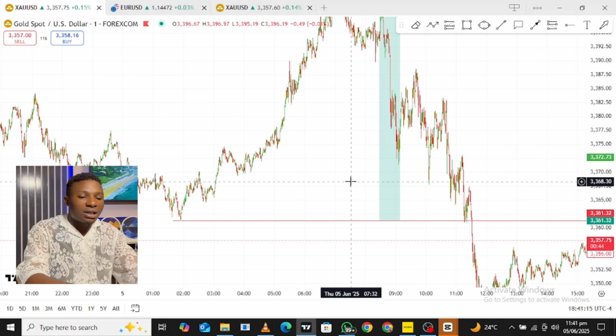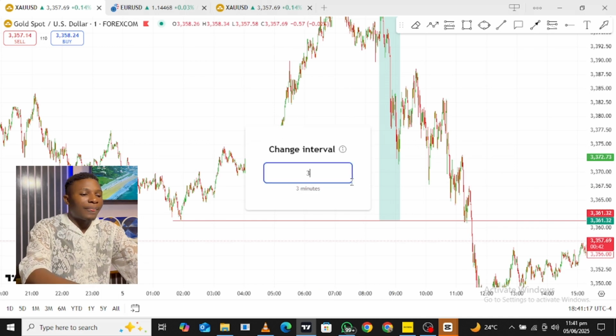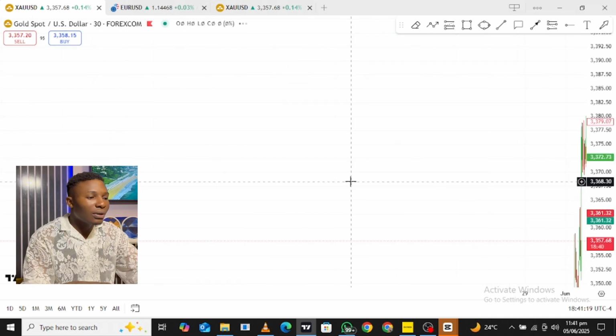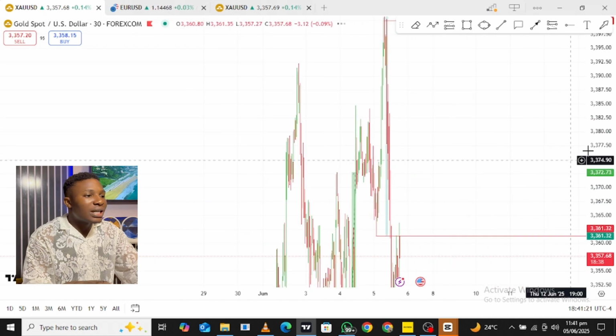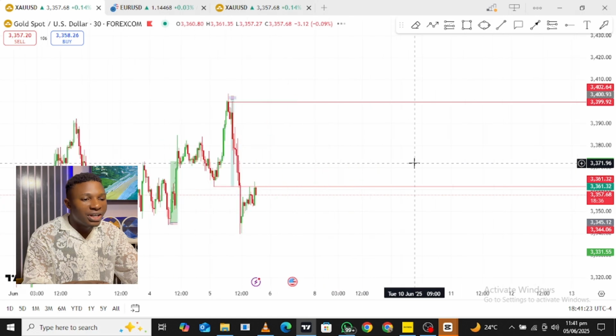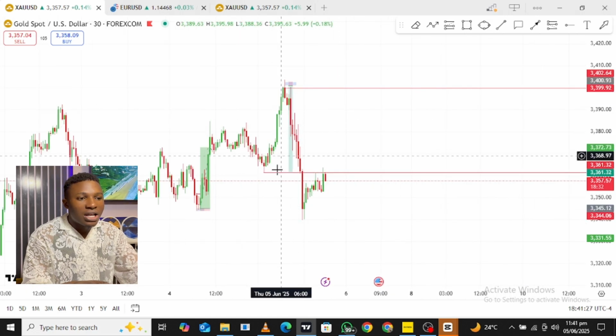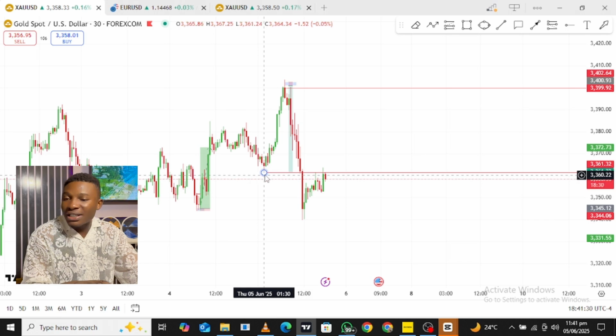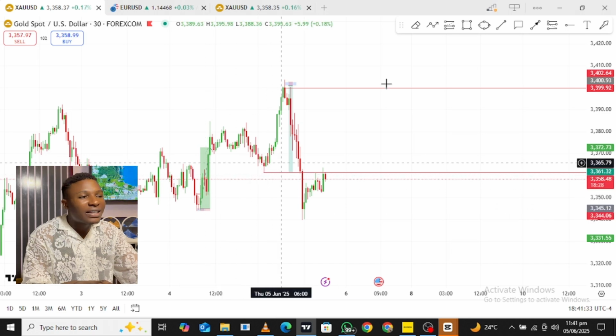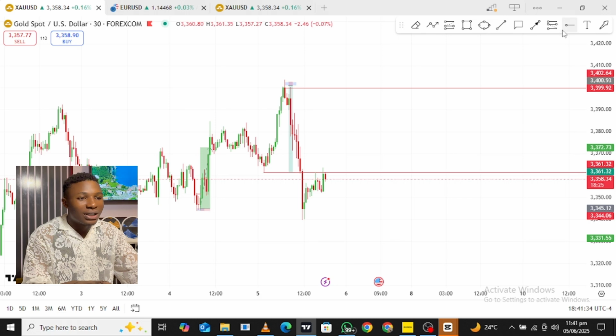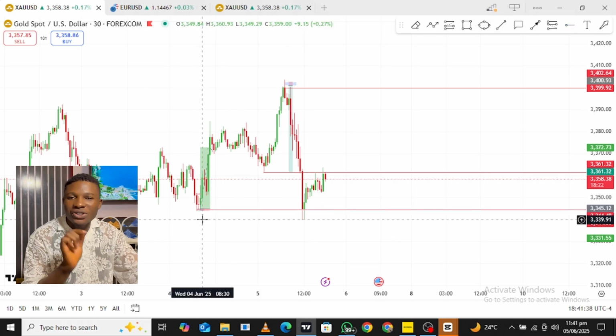So let me go to the 13 minutes time frame. Sorry, 13 minutes time frame. All right. So right here, I was expecting price to react in this particular area. This is my entry. I was expecting price to take out this particular low, and then before taking out this low right here, I'm expecting it to react. But price refused to react.